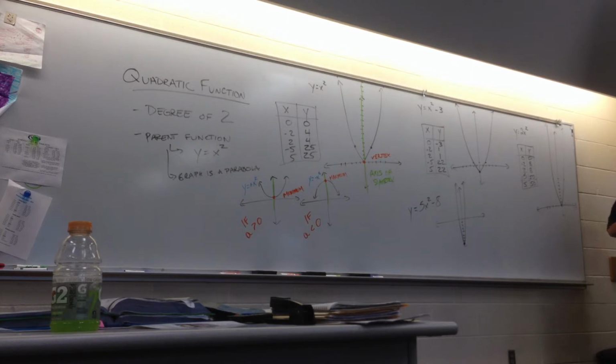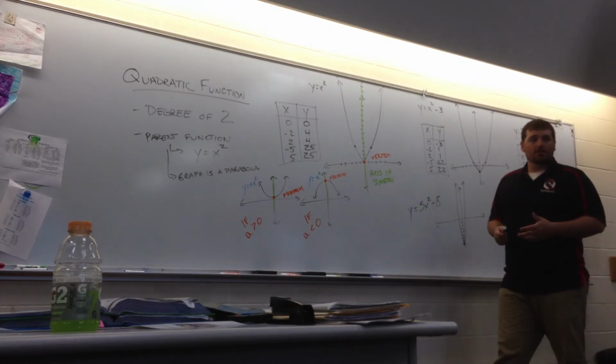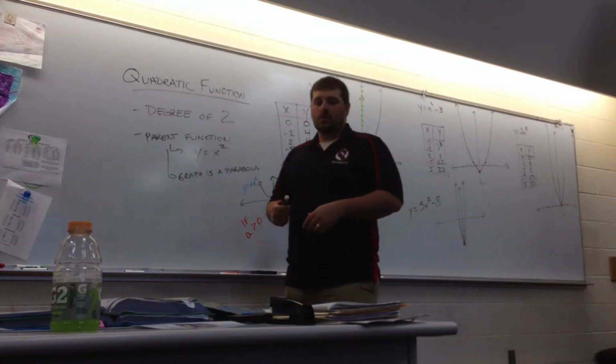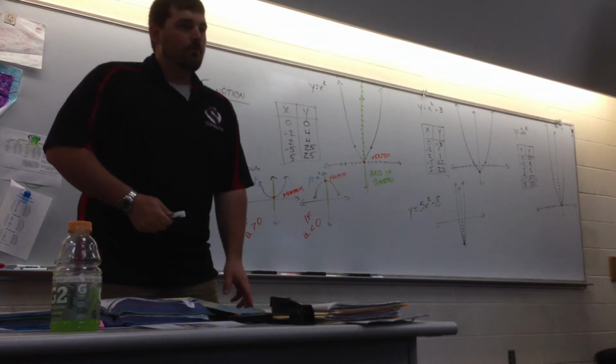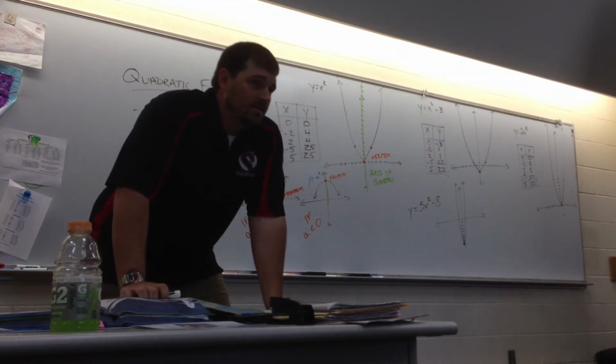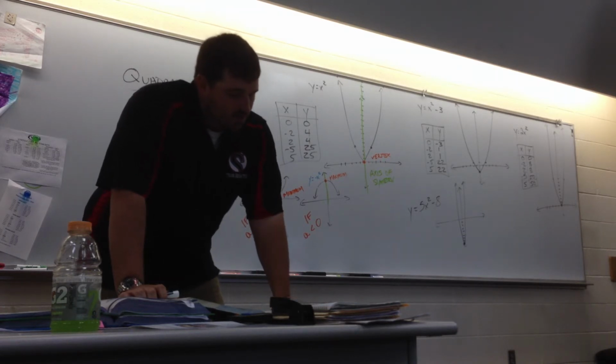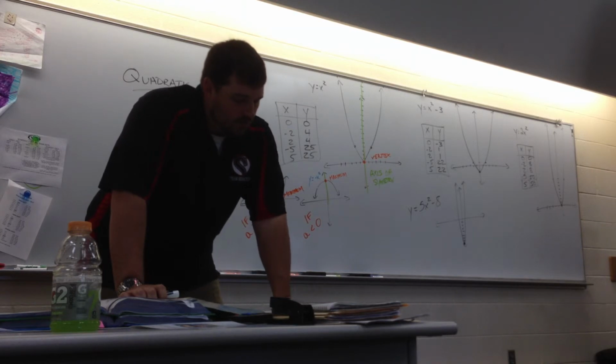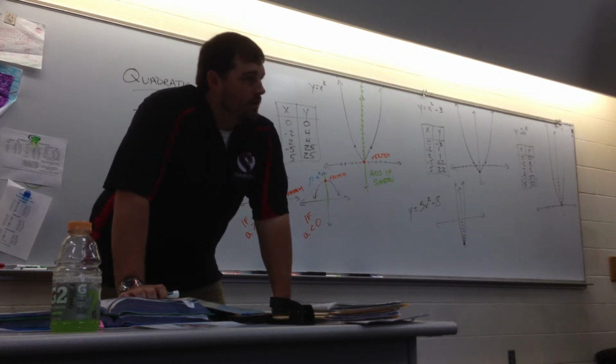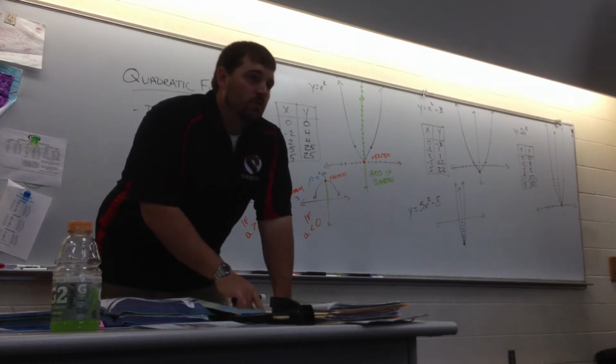Just if you had to sketch something of what it might look like. That's what problem 4 on the bottom is asking you to do. It's asking you to determine what the differences are going to be between the graphs of y equals 2x squared plus 3 and y equals 2x squared. Well, what's the only difference between those two functions?